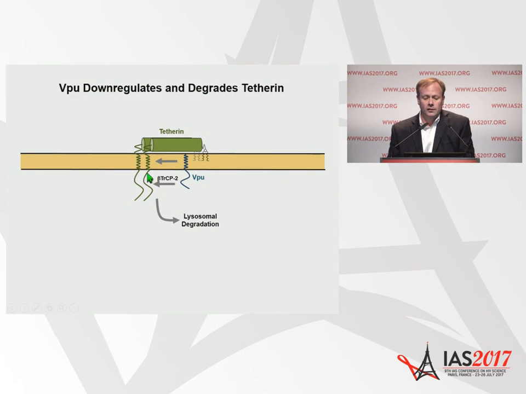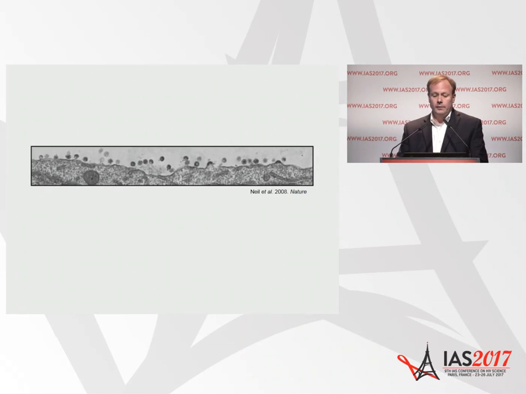Whereas tetherin is a type 2 transmembrane protein, Vpu is a type 1 transmembrane protein that physically interacts with the membrane-spanning domain of tetherin and mediates the down-modulation and degradation of tetherin, simply removing this factor from sites of assembly and virus release. In the absence of Vpu, viruses become captured by tetherin and accumulate on the cell surface.